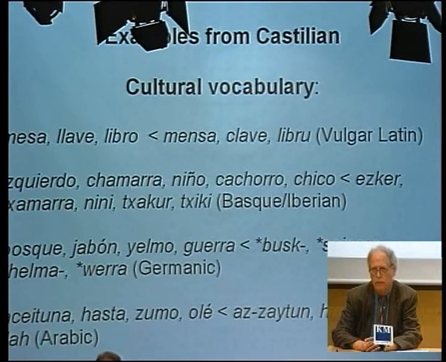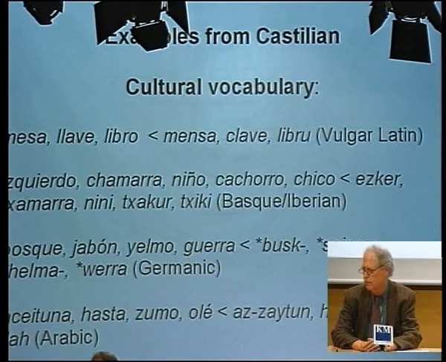The first layer that came with the Roman Empire is the Vulgar Latin words for table, key, and book, from mensa, clave, and libru. I'm sorry if I mispronounce these words.